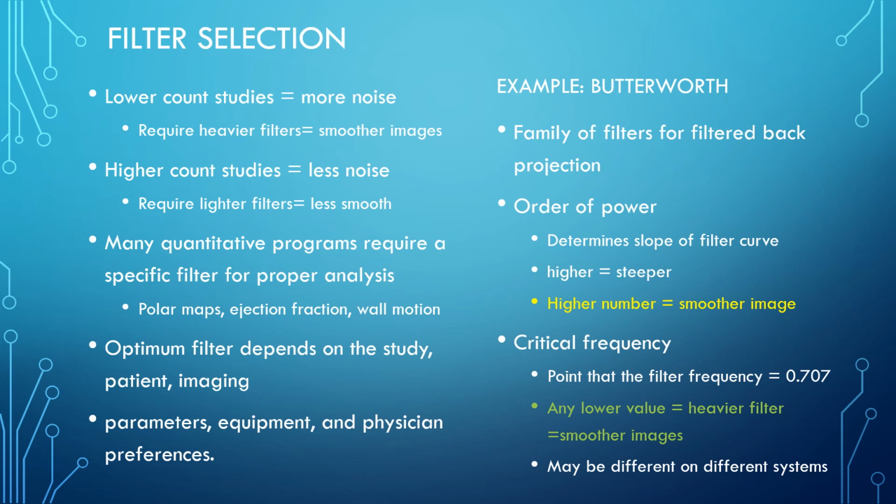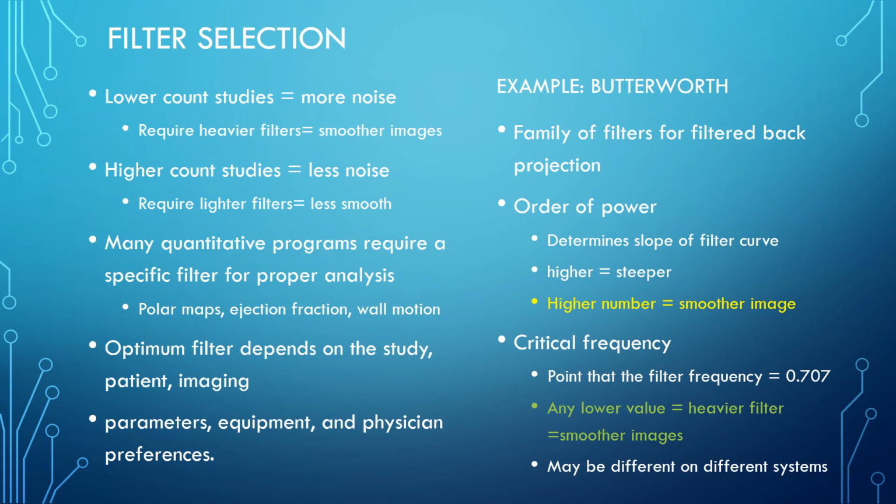There are many quantitative programs that require a specific filter for proper analysis. And examples would be cardiac PET, where we're looking at polar maps, ejection fractions, and wall motion. The optimum filter depends on the study, the patient, and the imaging parameters, the equipment, and the physician preferences.